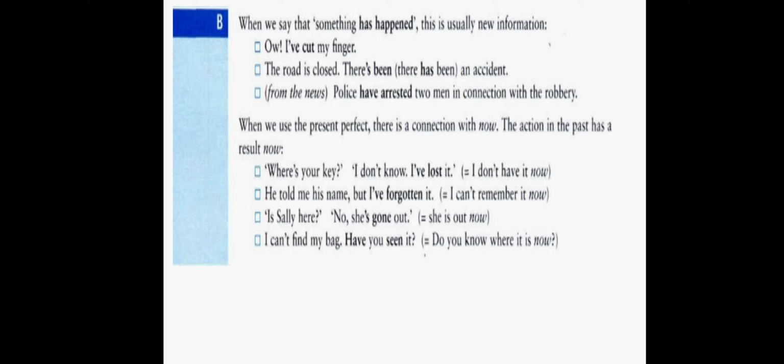It means a very recent past. Suppose one minute ago you cut your finger. It is in the past, but the effect is still there. Your finger is still bleeding. So you can say, I have cut my finger, because it is still bleeding.